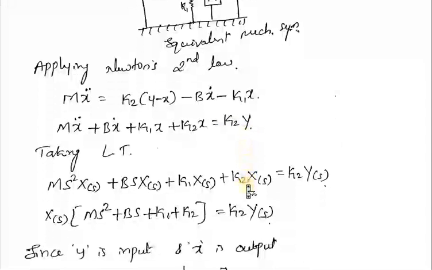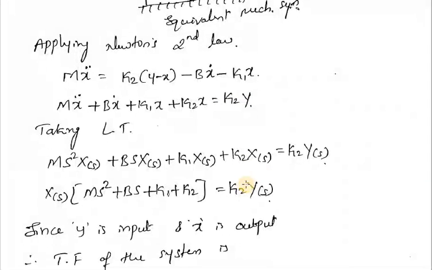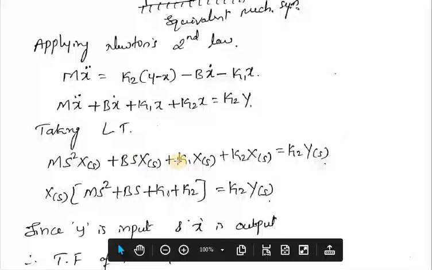Take the Laplace transformation of this equation. Replace x double dot by s² X(s), x dot by s X(s), x by X(s), and y by Y(s). In these terms X(s) is common, so taking that term, we are left with (ms² + bs + k1 + k2) X(s) equal to k2 Y(s).